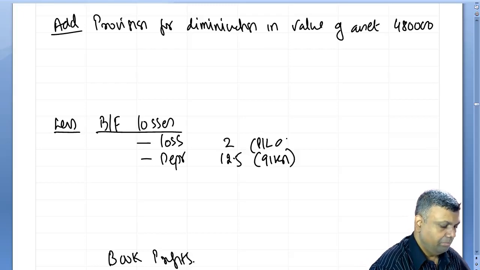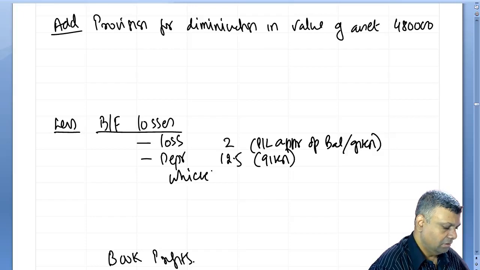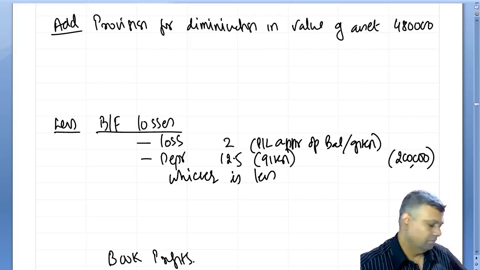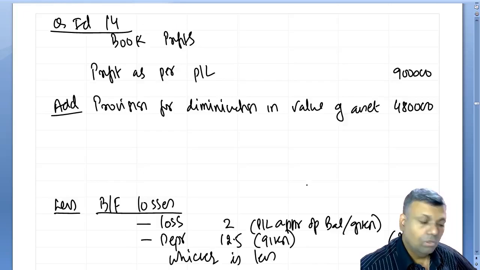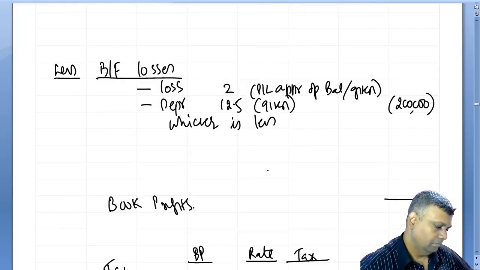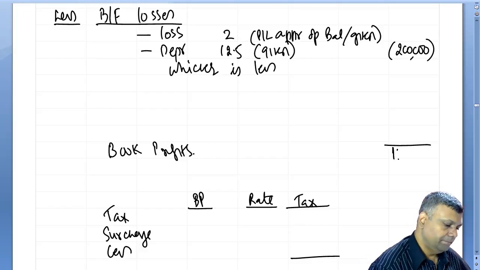This is P&L appropriation opening balance given. It is already printed in the question. Whichever is less, so I'm going to less 2 lakhs. That's all from the MAT point of view. So this is our book profits.